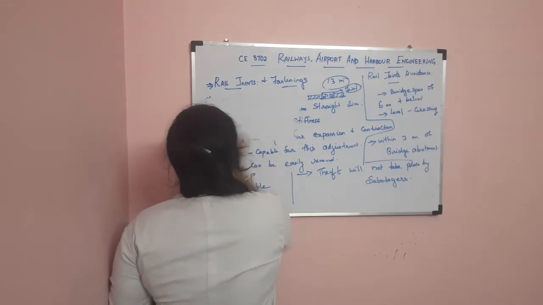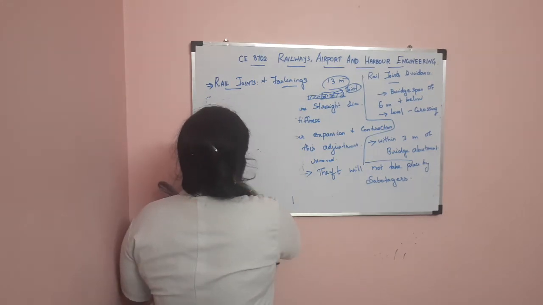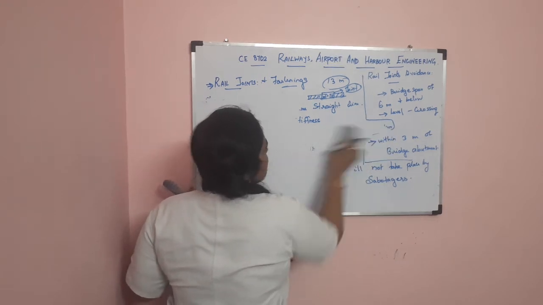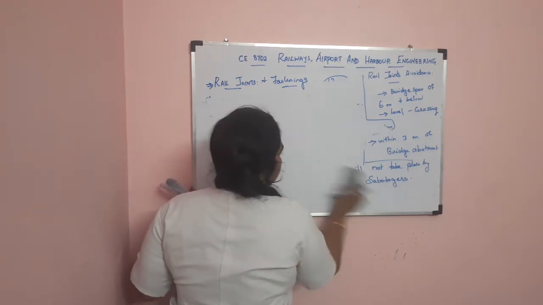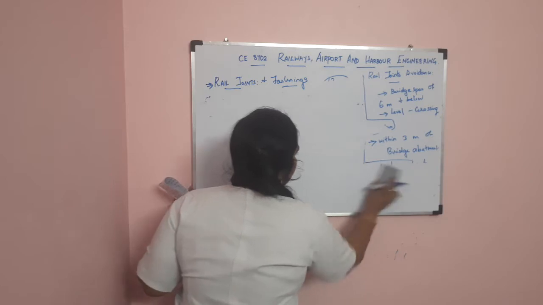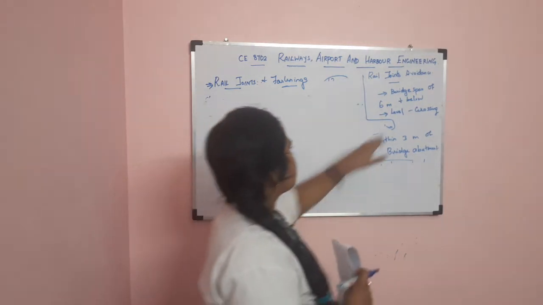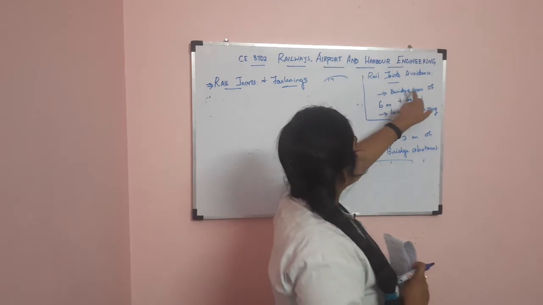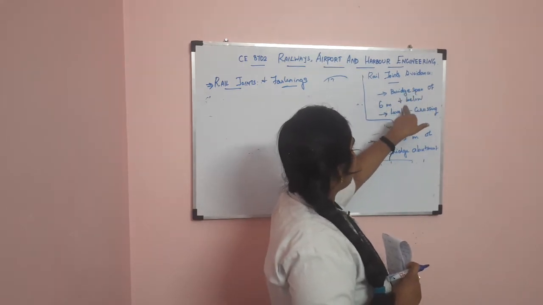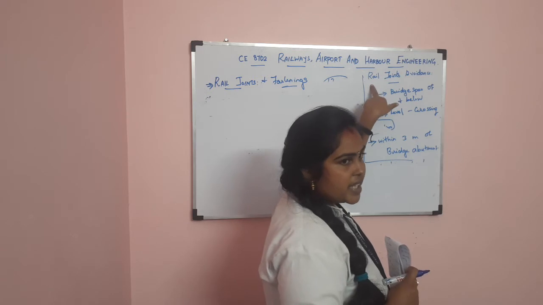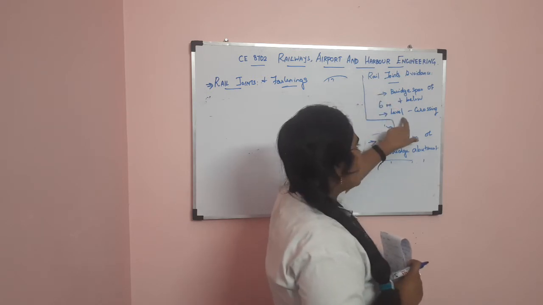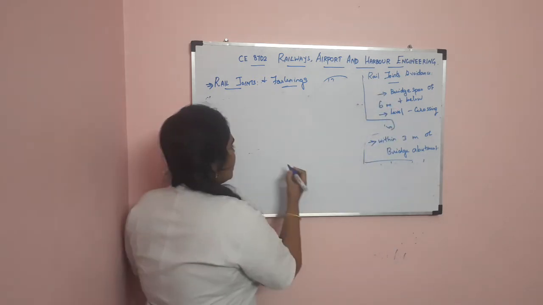So where should we avoid these rail joints? Three situations are given. The first situation is the bridge span. If the bridge span is 6 meter and below, there is no need of any rail joints. Then in level crossing areas. What is the meaning of level crossing?